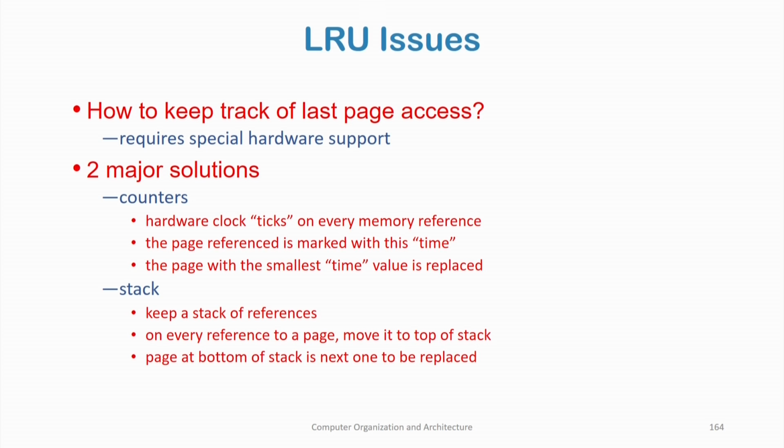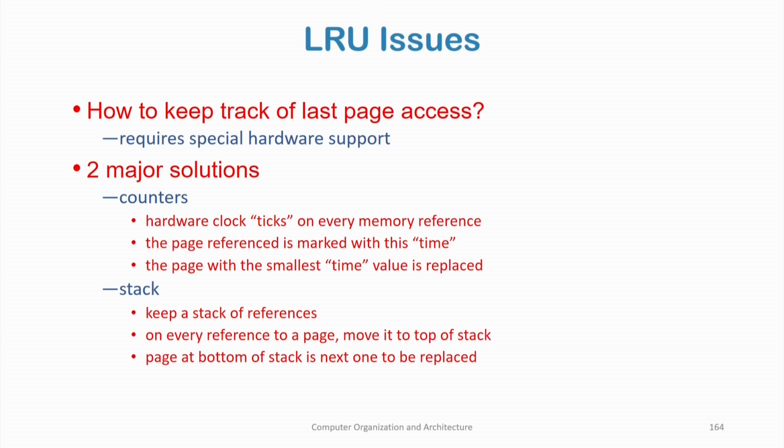So, I will have a time stamp associated with each physical page in memory. Whenever the page is accessed, I provide the time at which it was accessed, and therefore I will know which one among all the pages in physical memory was accessed farthest back in time, and that will be evicted.